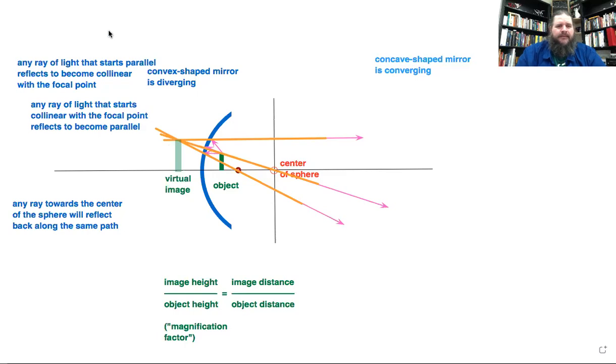Can we find the actual ratio of the image and the object? Yeah, and if you want the exact values, there's a useful equation that's usually called the thin lens equation because it also works for lenses, but it works for mirrors as well.